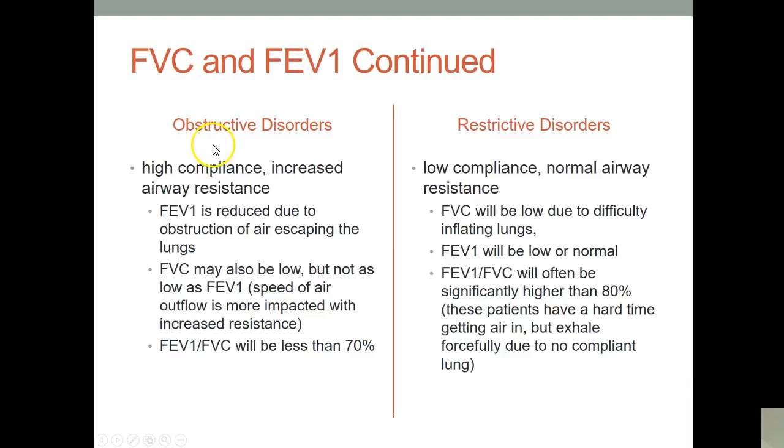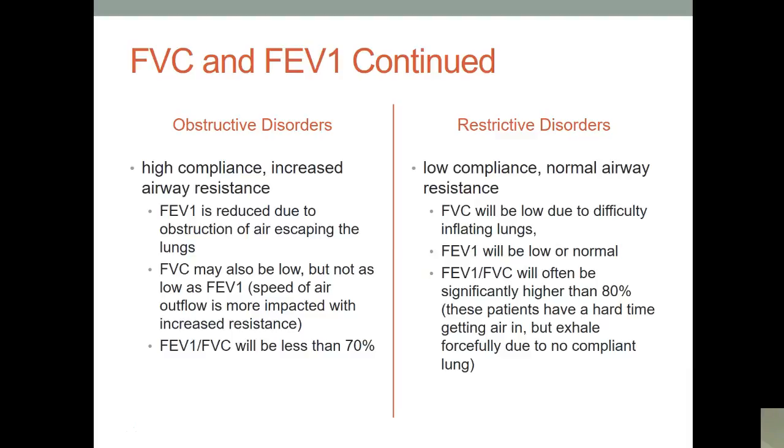If we have obstructive disorders, these disorders often have a high compliance with an increased airways resistance. So FEV1 is reduced due to obstruction of the air escaping the lungs, particularly during that maximal exhalation. Within just 1 second, the speed is dramatically reduced.